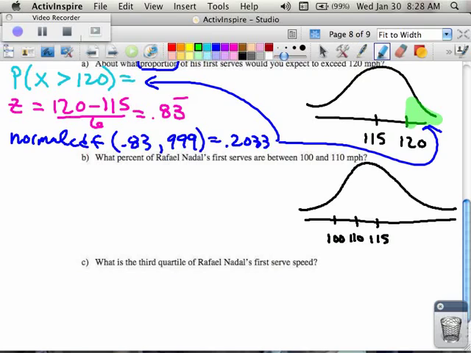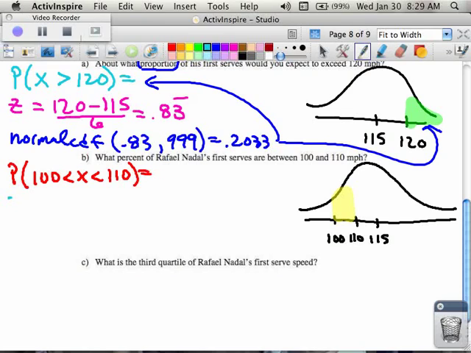I'm talking about the sliver that's in between the 100 and 110. So I'm talking about that amount right there. And the question that they're posing is, what's the proportion of these scores that are more than 100 but less than 110? So the only difference really is that you need to find two different Z-scores.